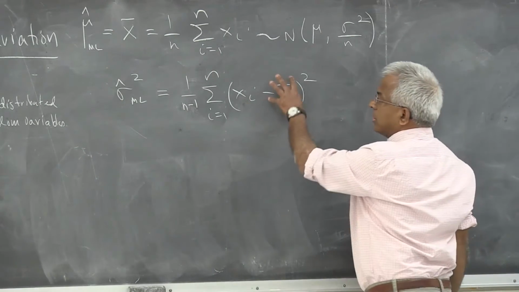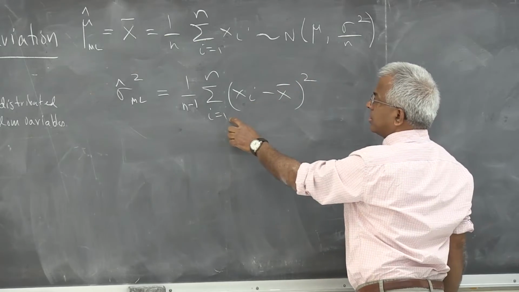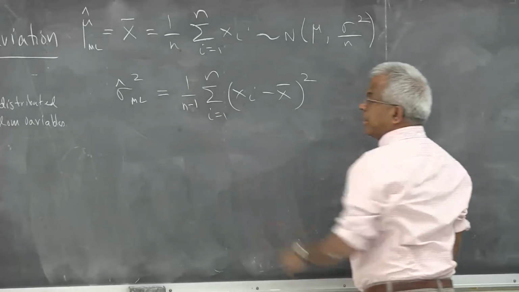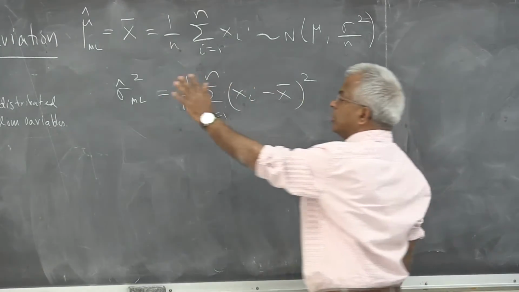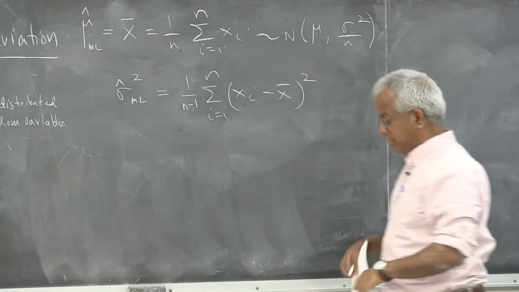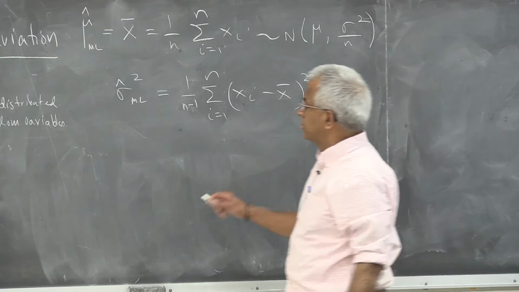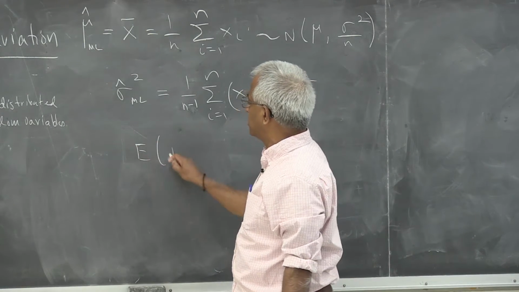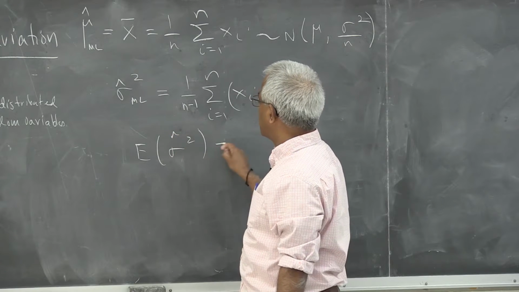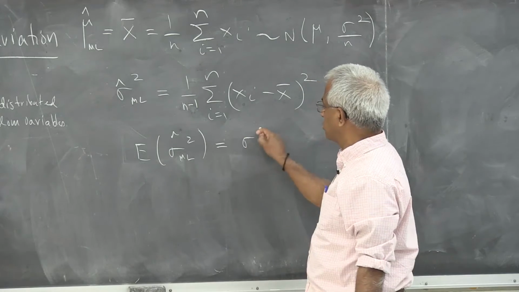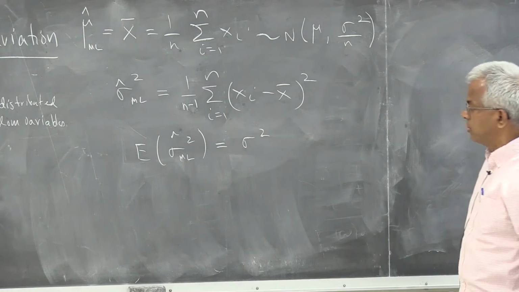Then from each observation you subtract the average, square it, add it up and divide by not n, unlike here, but by n minus 1. Then this can be shown to be an unbiased estimator. So the expected value of sigma squared hat is in fact sigma squared. That's what we mean by an unbiased estimator.